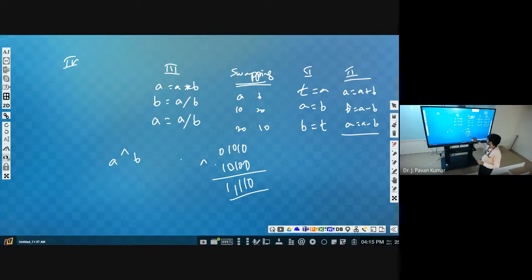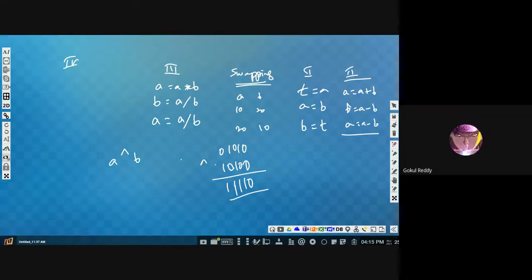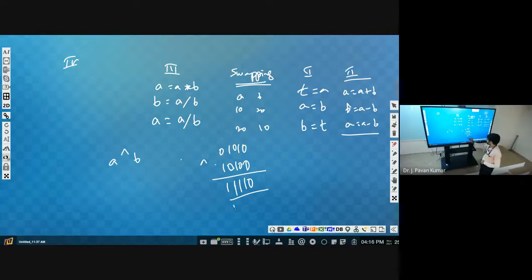Okay, next, by using any of these two, can we get the other one? Like we consider the same thing, 1 0 1 0 0. Now you perform the XOR operation. What is this? 0 1 0. What is this one?